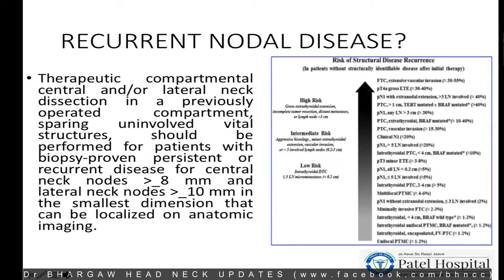Remember that the subset of patients with recurrent nodal disease, and we'll talk about a case vignette of recurrent nodal disease, you know that the risk of structural disease recurrence goes up along with the risk category, which is also why dynamic risk stratification is important, because initial risk stratification loses its significance, let's say a few years down the line.